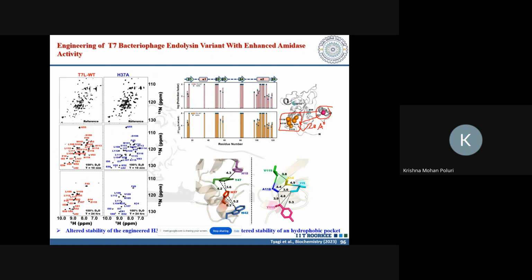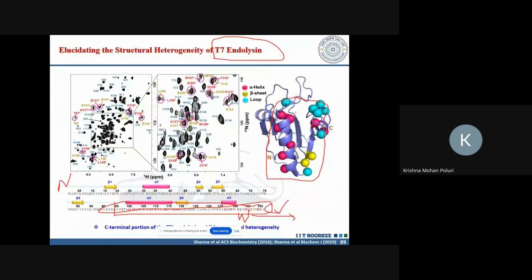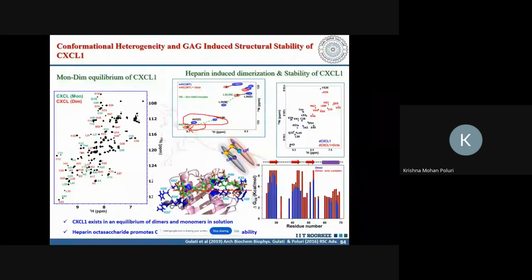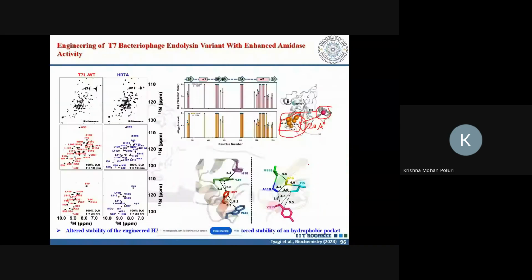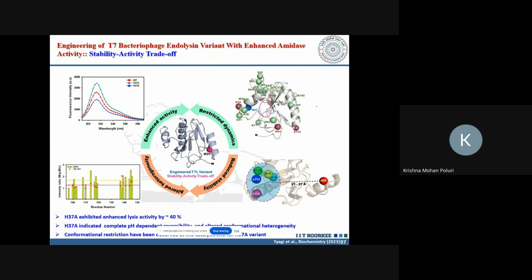If you see, this is the helix we are talking about, the one where we have heterogeneity. That helix is now perturbed and controlled by this helix through very long range interactions, and that is how you generated an enzyme with high activity.